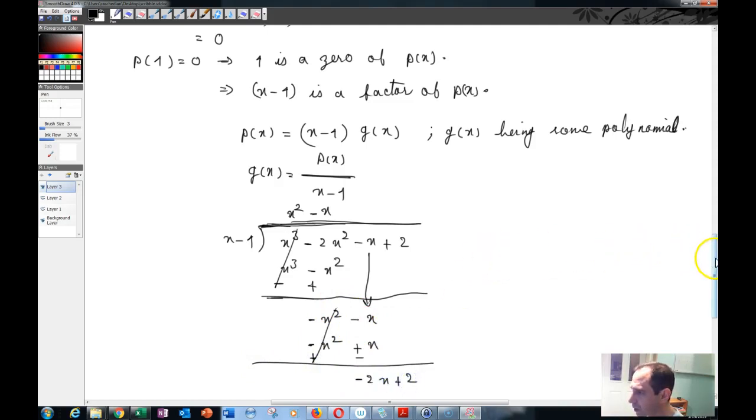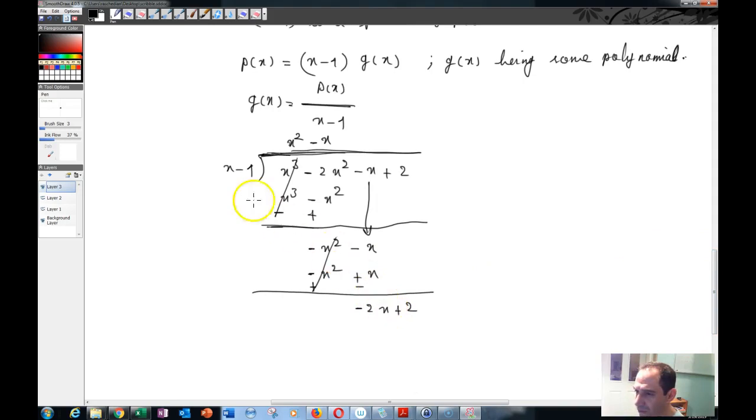Then negative 2X divided by X is equal to negative 2. Negative 2X plus 2, and if you add these, these will cancel out, and you have a 0 remainder here.